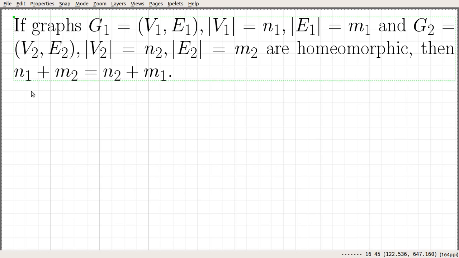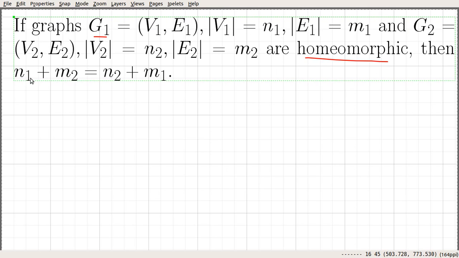Okay, in this video we are going to prove a statement related to homeomorphic graphs. The statement reads as follows: if two graphs G1 with n1 vertices and m1 edges and G2 on n2 vertices and m2 edges are homeomorphic, then we have this relation between the vertices and edges of G1 and G2.